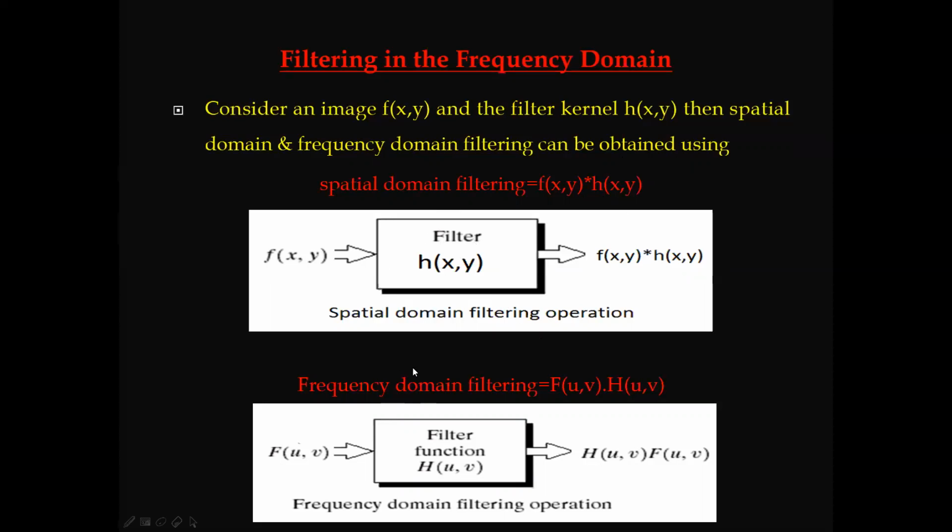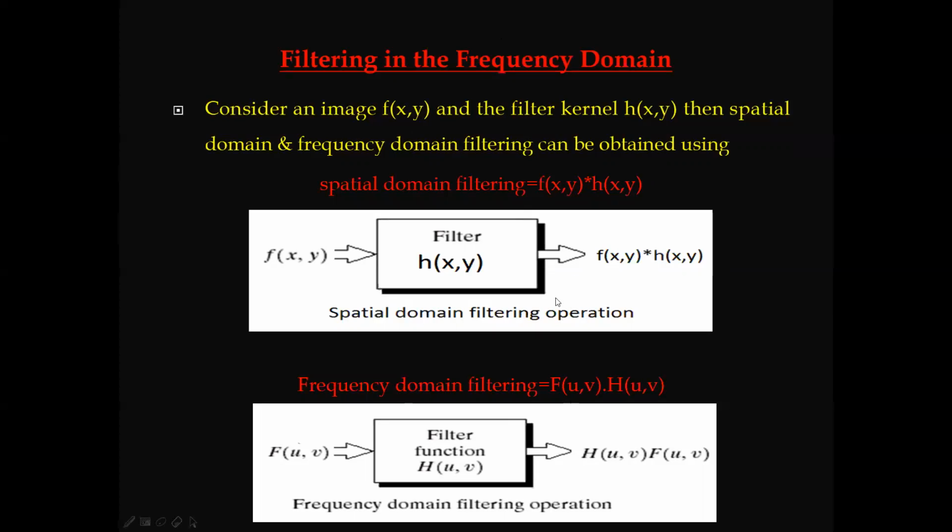In the frequency domain, F of u comma v is the input, the filter function is H of u comma v, and the output is H of u comma v times F of u comma v. If you see the two block diagrams, in the spatial domain the input image is convolved with the filter, while in the frequency domain their spectrums are multiplied.